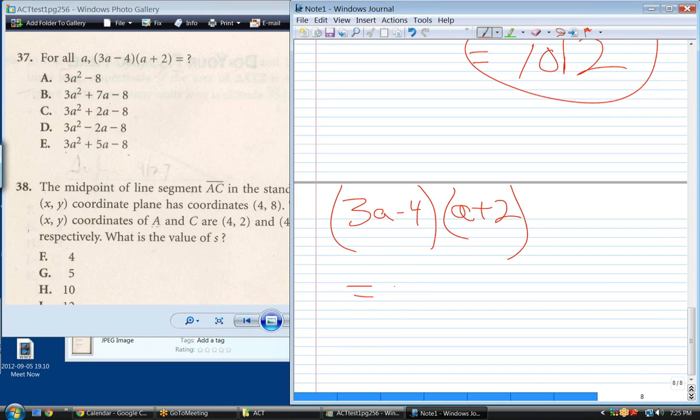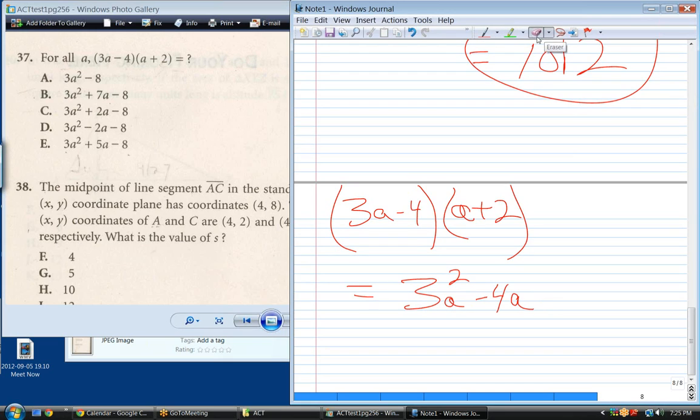It would be 3a squared minus 4a plus 2. Oh, wait, no. Plus 8. Make sure that you multiply.